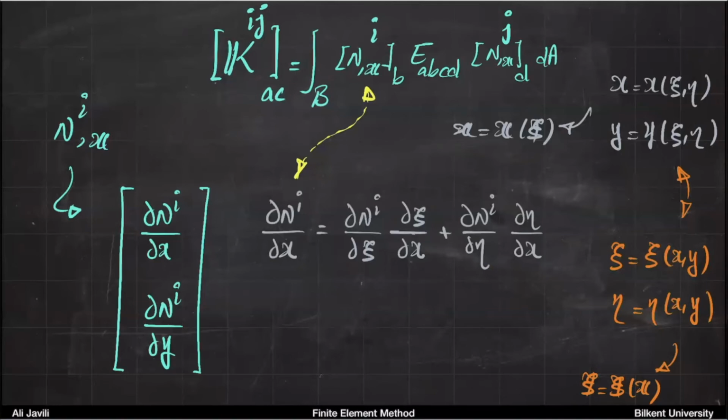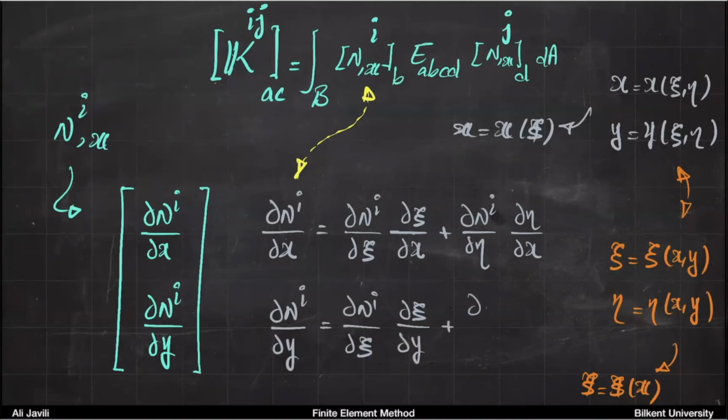So that is one. And then you can repeat exactly the same thing for the y direction. That would be the derivative of N_i with respect to ξ, times the derivative of ξ with respect to y, plus the derivative of N_i with respect to η, times the derivative of η with respect to y.